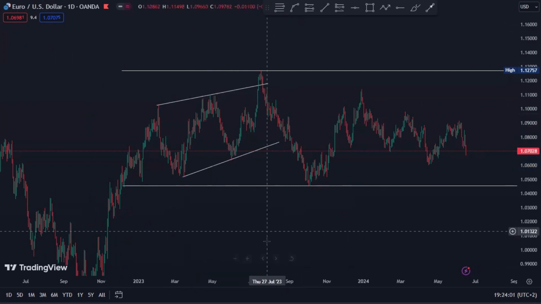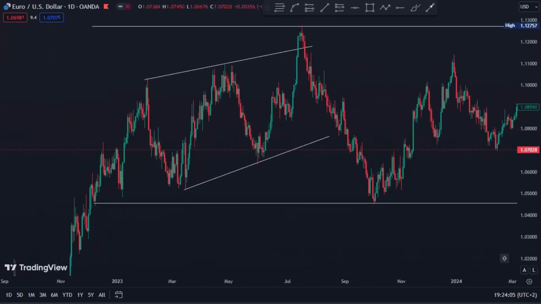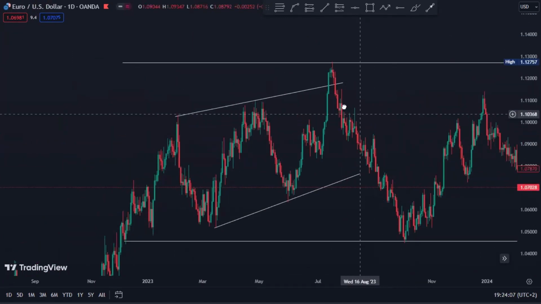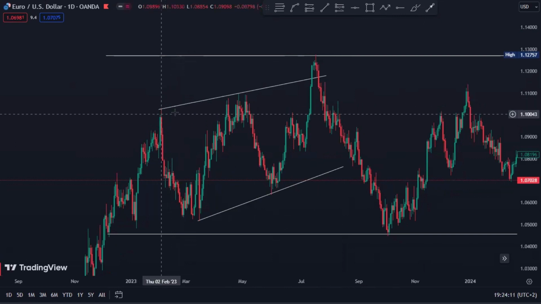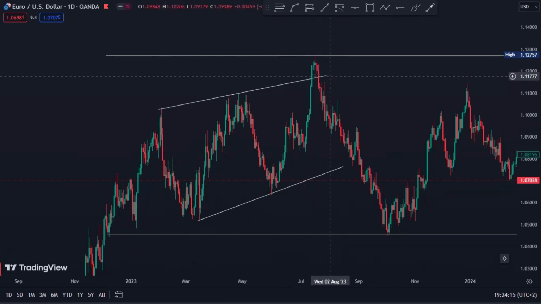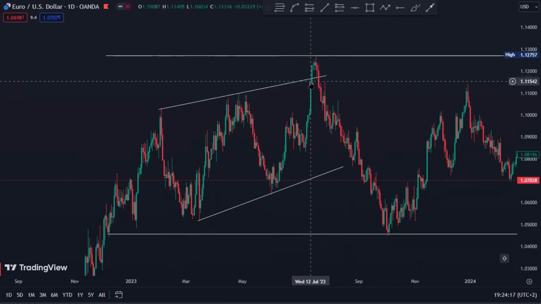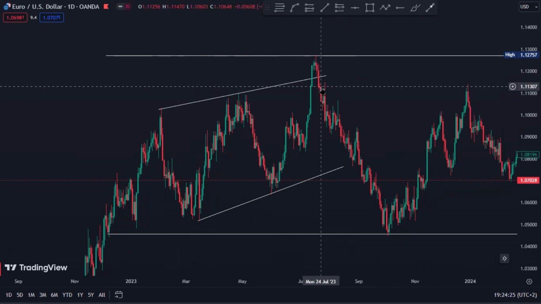Let me explain this, because a lot of people are getting chopped. You can clearly see here the first touch, the second touch, and then the third touch here. And look how the market is approaching this area, the third touch. The market went up with an impulsive momentum, which leaves a lot of people panicking.